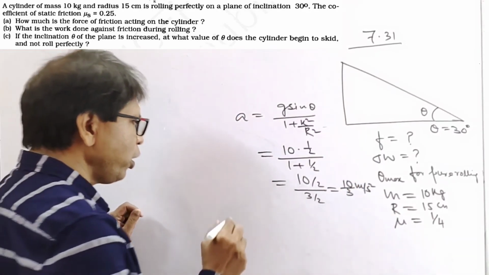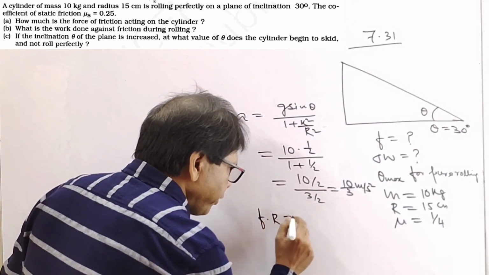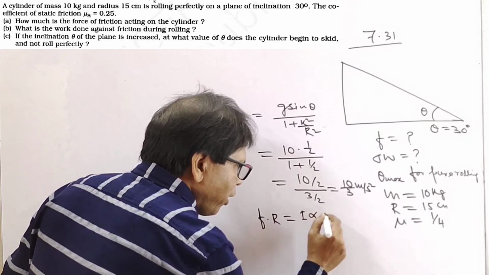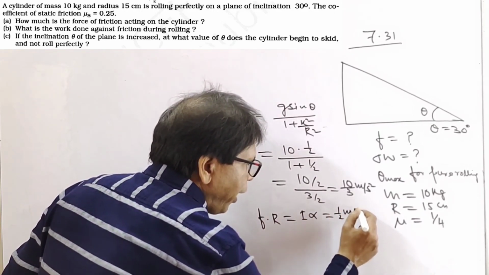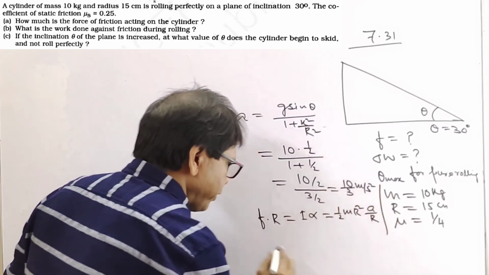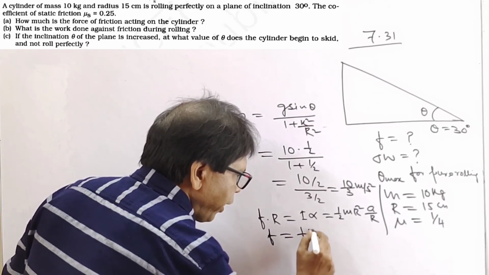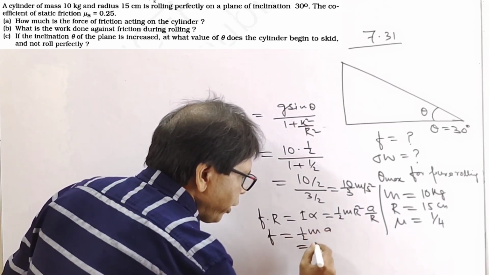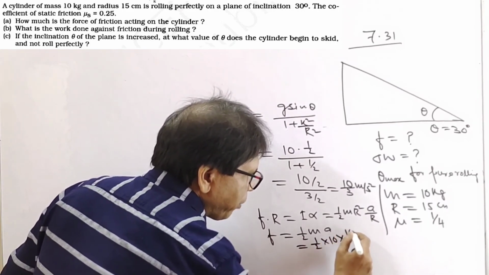Now force of friction, look at this, for torque equation F into R equals I alpha. Now I equals half mr square and alpha equals a by R. Okay, look at this here, F equal to half ma. Now here half m is 10 kg and a is 10 by 3.